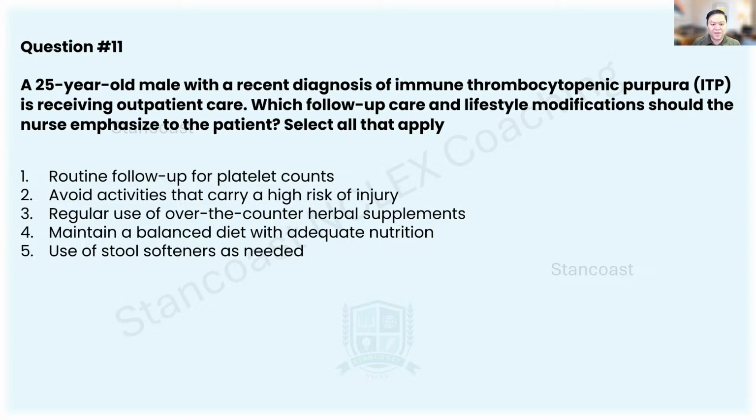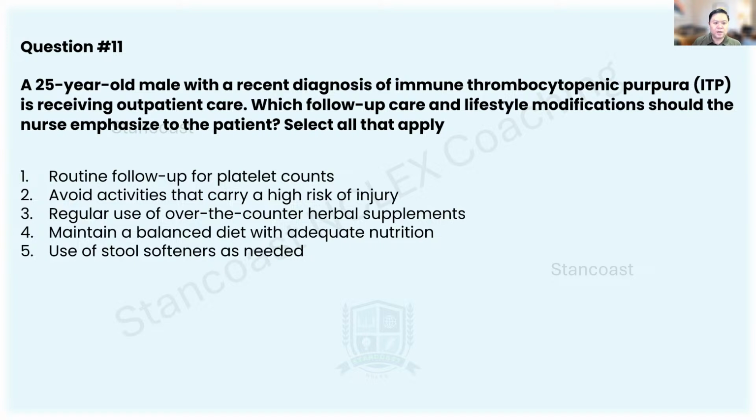Select all that apply. 1, routine follow-up for platelet counts. 2, avoid activities that carry a high risk of injury. 3, regular use of over-the-counter herbal supplements. 4, maintain a balanced diet with adequate nutrition. And 5, use of stool softeners as needed.